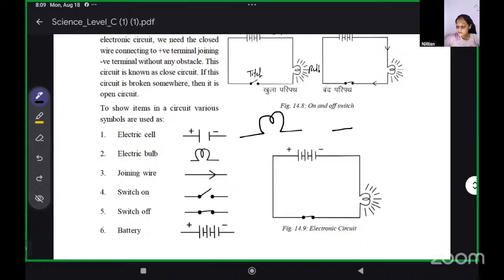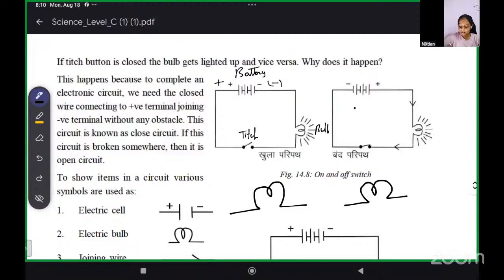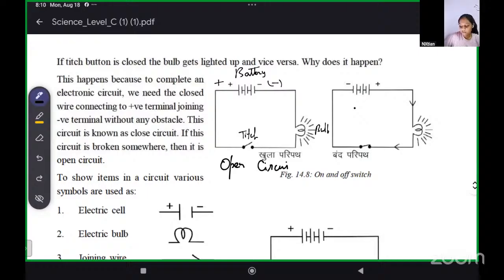In another textbook I was studying, instead of drawing it with a bulb, you draw a circle in the circuit and then you cross it. That is a symbol for a bulb. Like this, or like this.